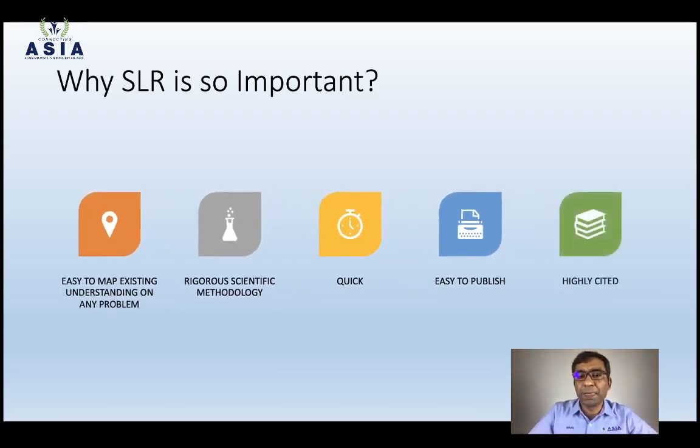And finally, the most cited papers nowadays are systematic literature reviews. So if you follow the correct methodology, if you follow all the steps available for systematic literature review, you can get your work published easily. At the same time, you can have highly cited publications. It means that any work in the particular area would cite your work because you have included all the relevant studies in your research.